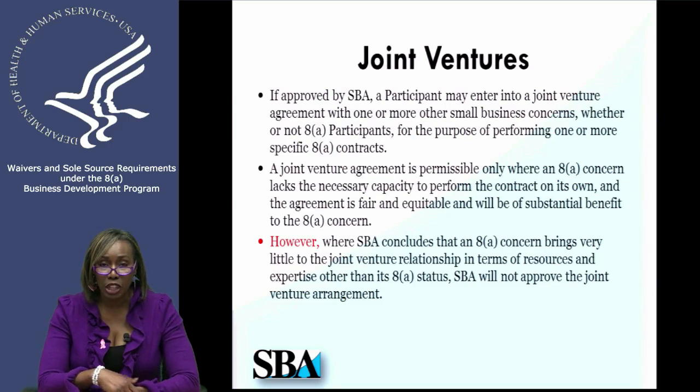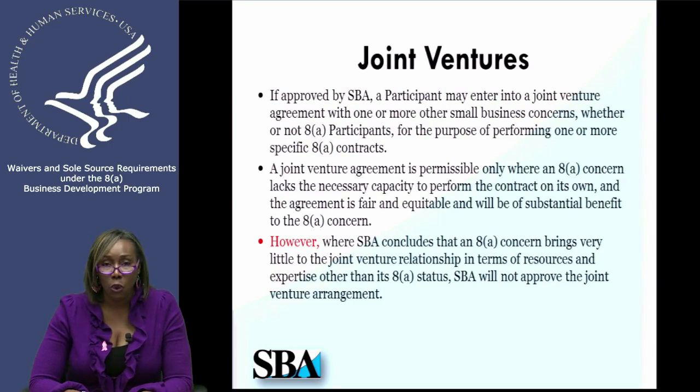So for each opportunity, they will submit to the servicing district office to be able to compete for that opportunity. A joint venture agreement is permissible only where an 8A concern lacks the necessary capacity to perform the contract on its own, and the agreement is fair and equitable and will be of substantial benefit to the 8A concern.